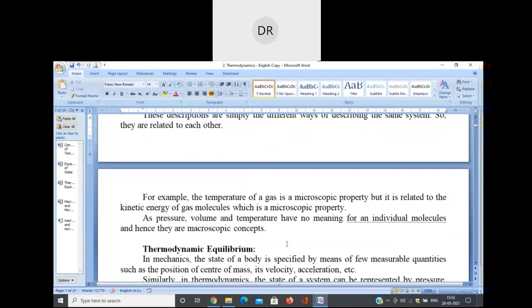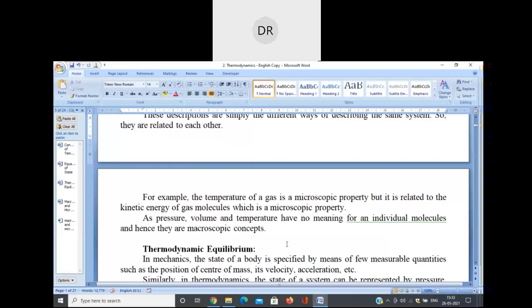When we relate both macroscopic and microscopic properties, the macroscopic property comes from the microscopic property. When we say the temperature is a macroscopic property, it may be observed from the kinetic energy of gas molecules of the system.